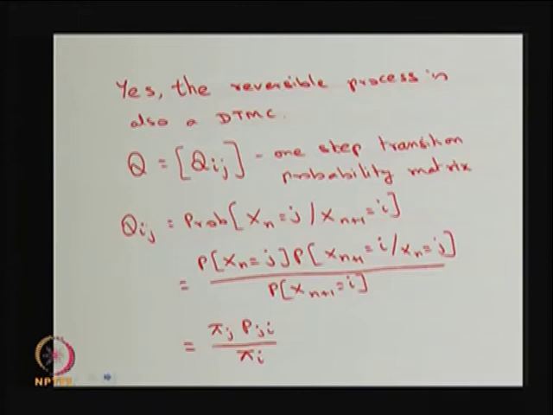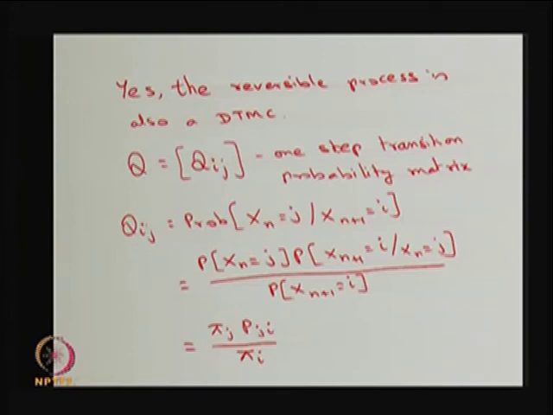This conditional probability you can compute in this way: the product of the probability of X_n equal to j multiplied by the probability of X_{n+1} equal to i, given that X_n is equal to j, divided by the probability that X_{n+1} is equal to i.